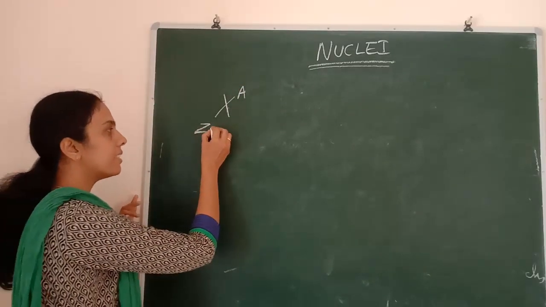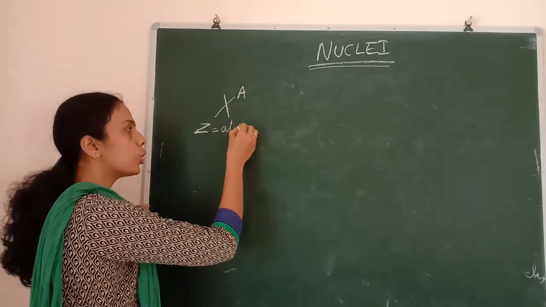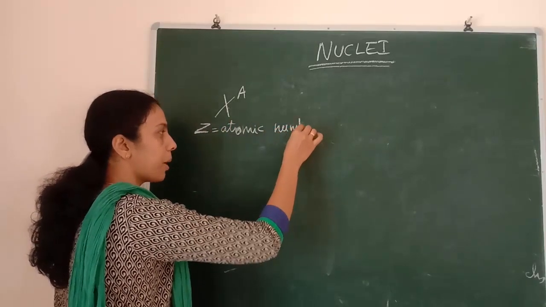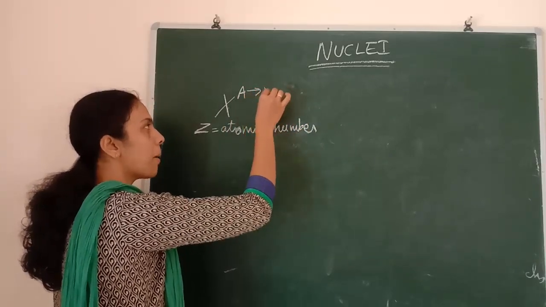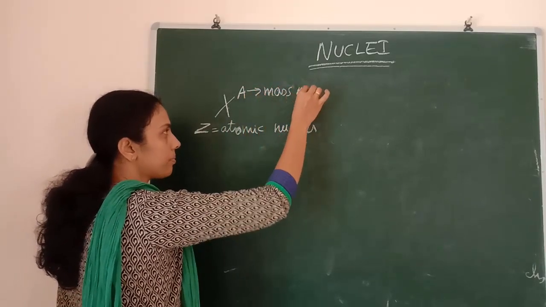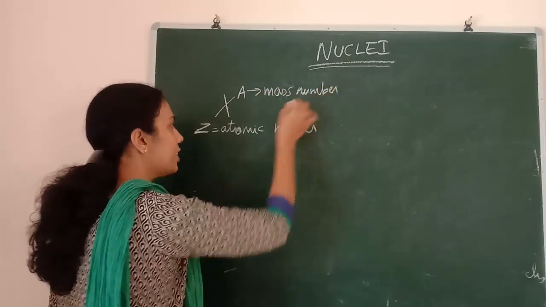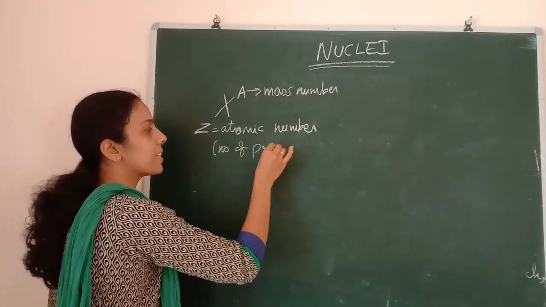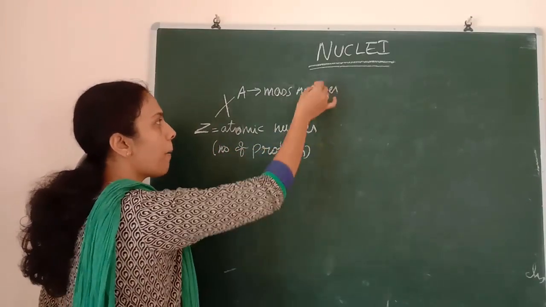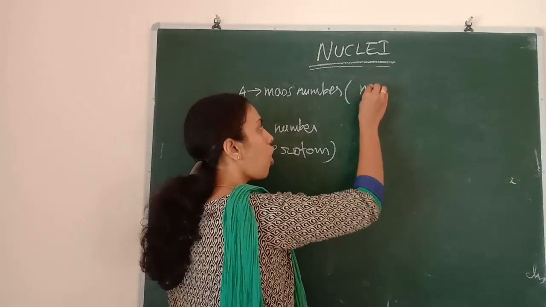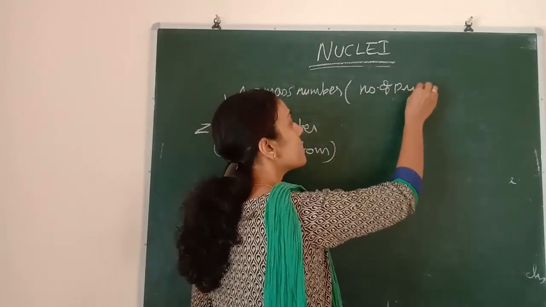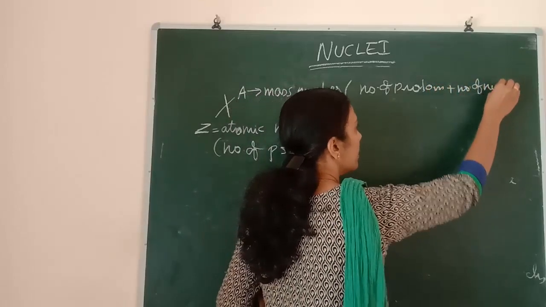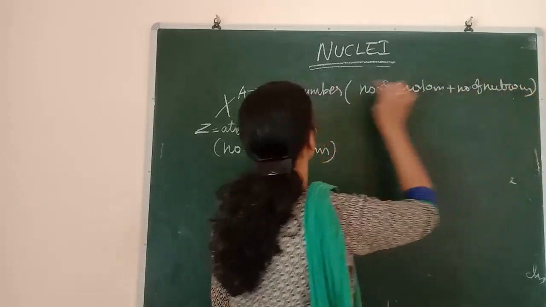What is this Z? Z is called the atomic number, and A is the mass number. Atomic number is the number of protons present inside the nucleus.